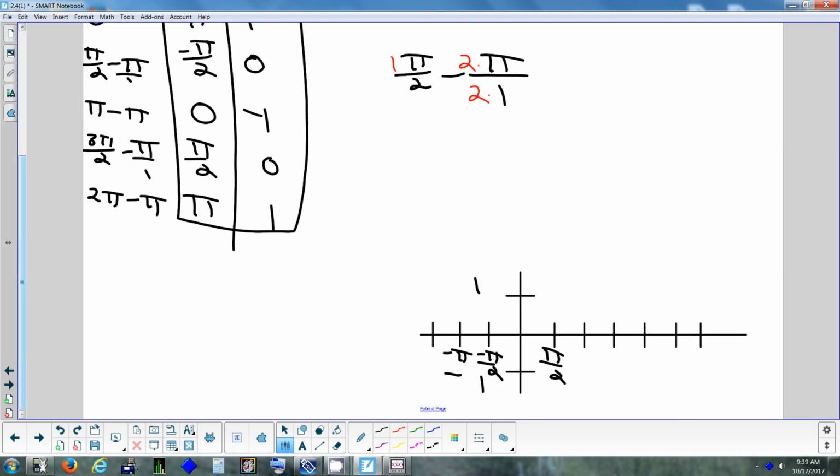Pi over 2 and pi. And if you're looking at that and you're like, well, how is that equally spaced? Negative pi is negative 180, negative 90, 0, 90, 180. Still 90 apart. And now plot your points. 1, 0, negative 1, 0, and 1.